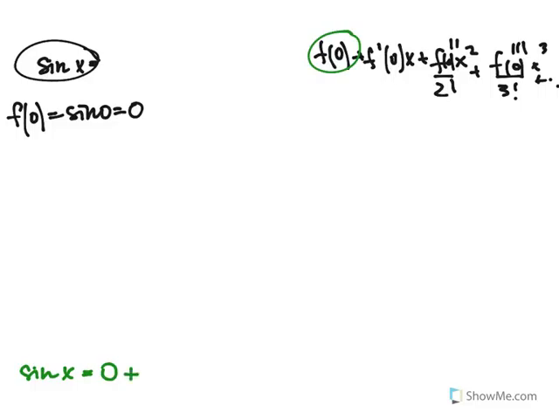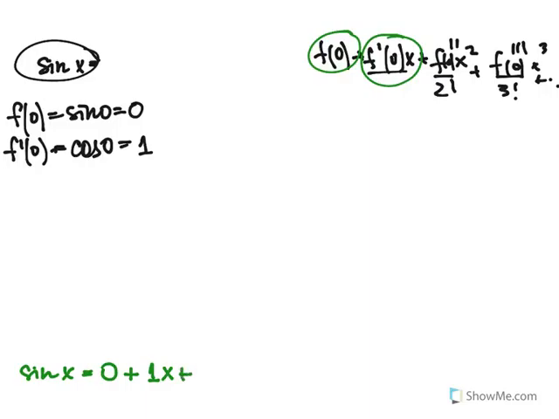Plus, let's find f prime. f prime of 0, the derivative of sine is cosine, and the cosine of 0, because you plug in 0, you get 1. So therefore, the second coefficient is 1, and then you have x next to it. Plus.